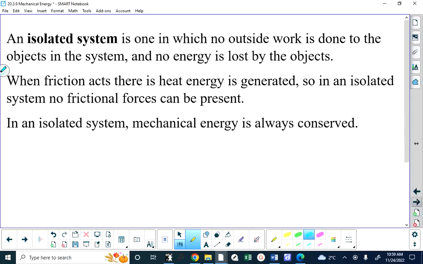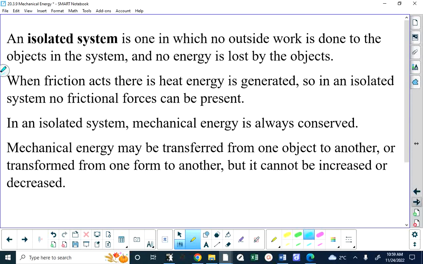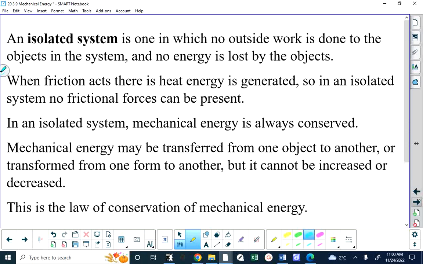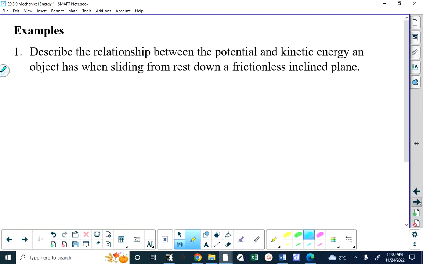And this is what we're dealing with today in these examples. Mechanical energy can be transferred from one object to another or from one form to another, but it will not be increased or decreased. It's the law of the conservation of mechanical energy.